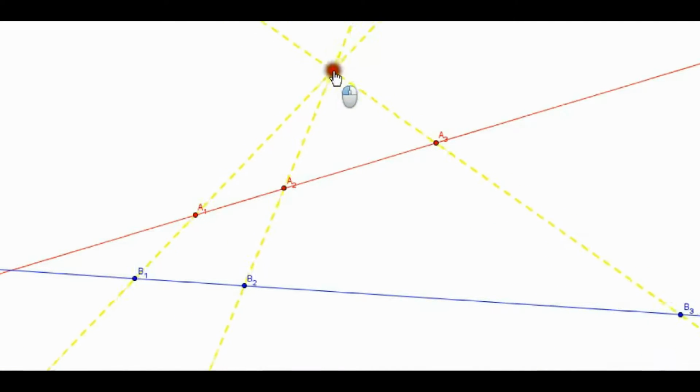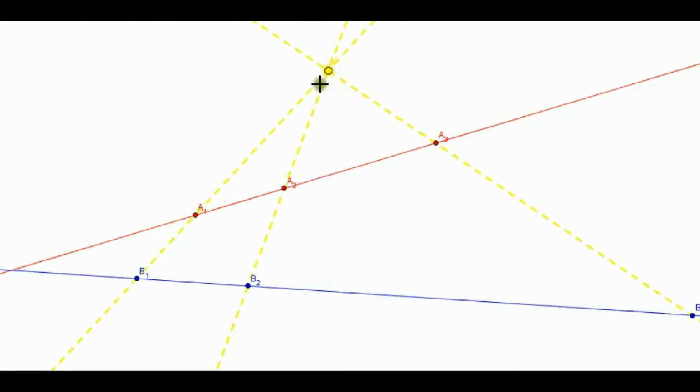Why is that so? Why is it said to be that? Because there are these two sequences of points. On the red line they have a sequence A1, A2, A3, and on the blue line the sequence B1, B2, B3.